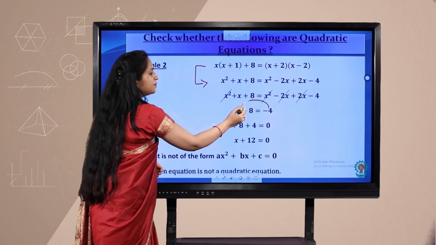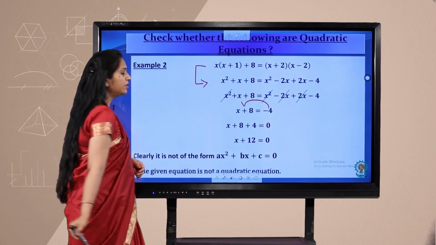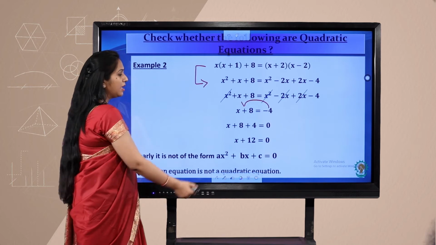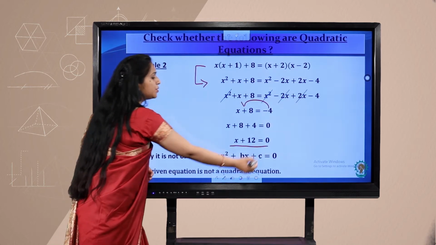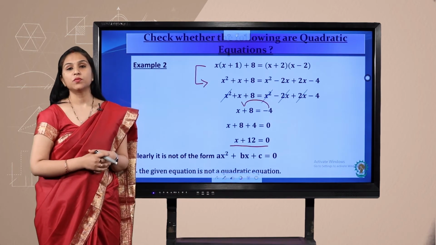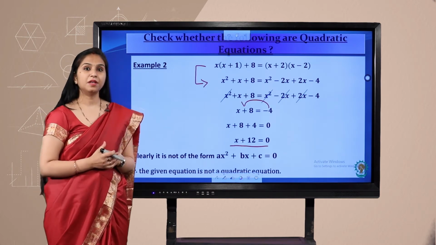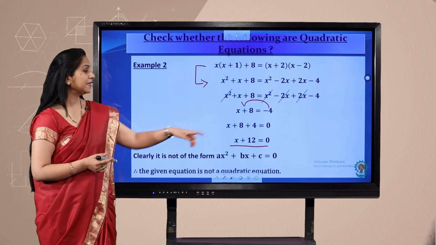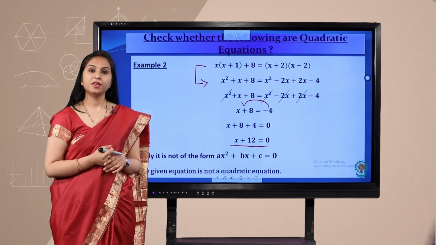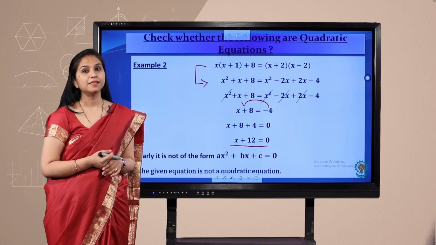Now, on transposition, the −4 will become positive 4 and your equation is reduced to x + 12 = 0. Now, children, what is the degree of the variable here? Clearly, you can see the degree of the variable in this equation is 1.